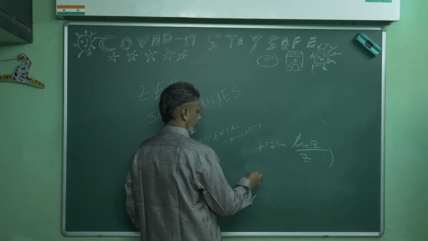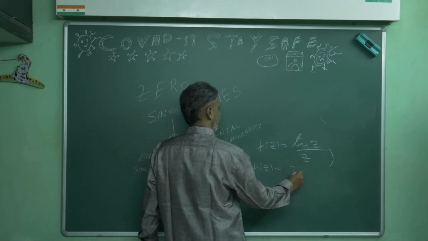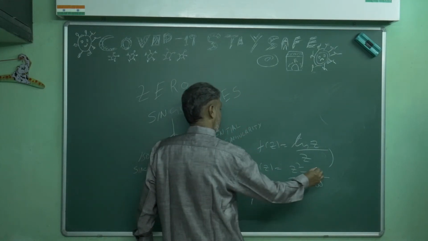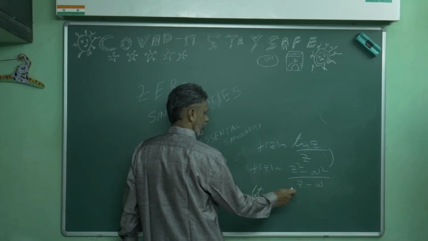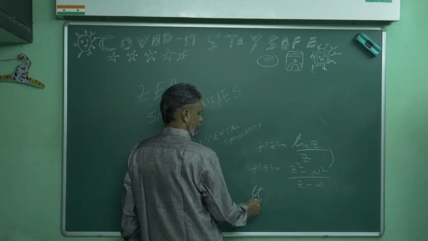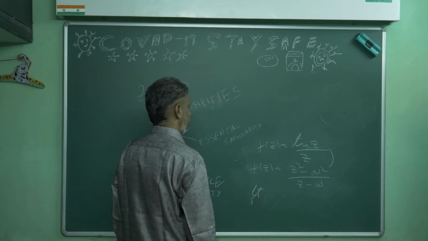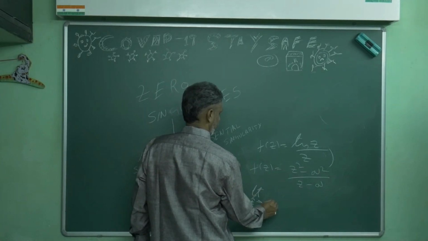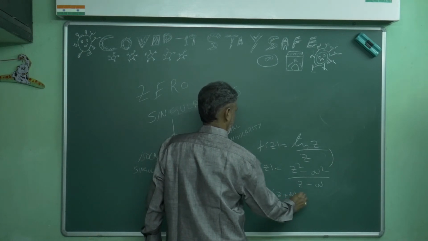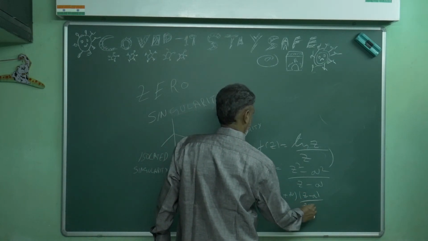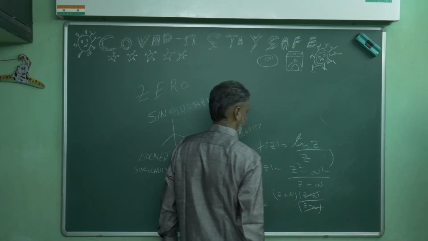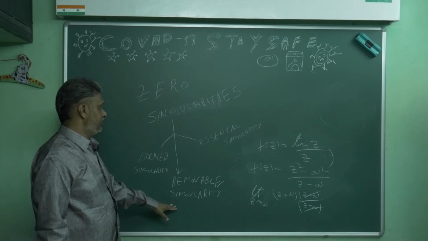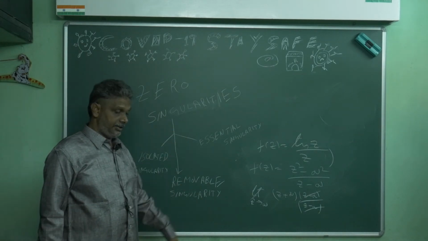Then suppose f of z is equal to (z square minus a square) by (z minus a). Here z equal to a is the singular point. I can write (z plus a)(z minus a) by (z minus a); the z minus a cancels, so the limit exists. So this is the way for the removable singularity.